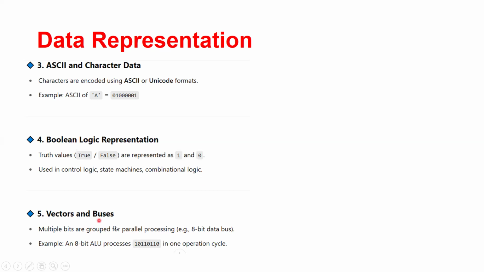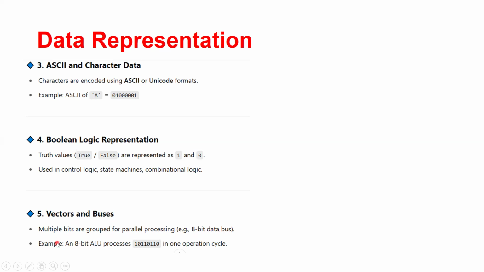Then you have vectors and buses. So multiple bits can be grouped for parallel processing. For example, 8-bit, 16-bit, 32-bit, and you say that it's a data bus.